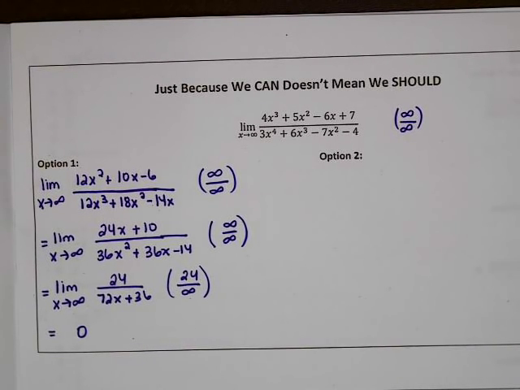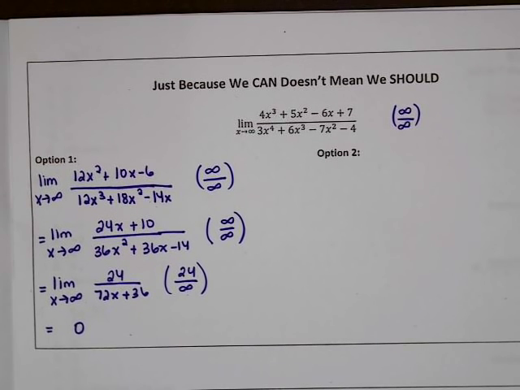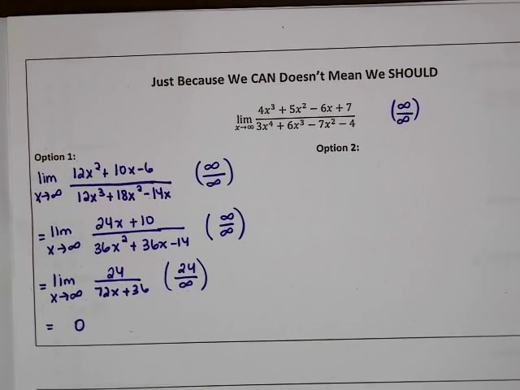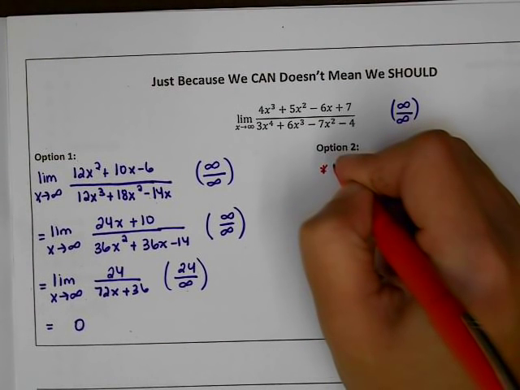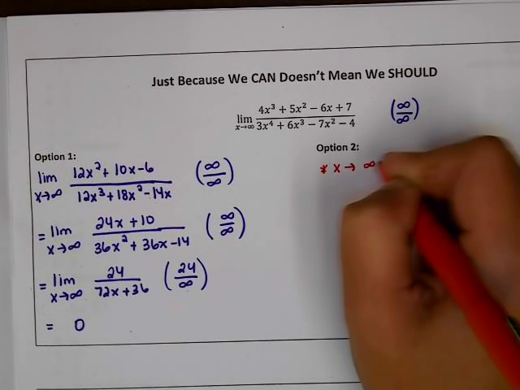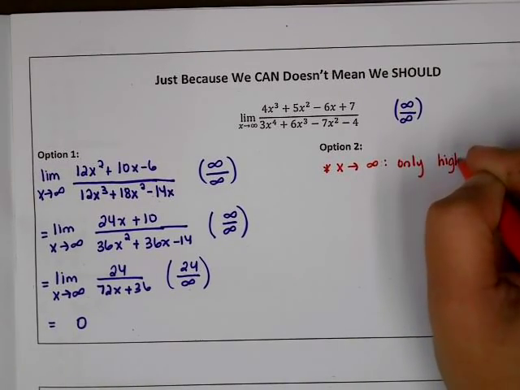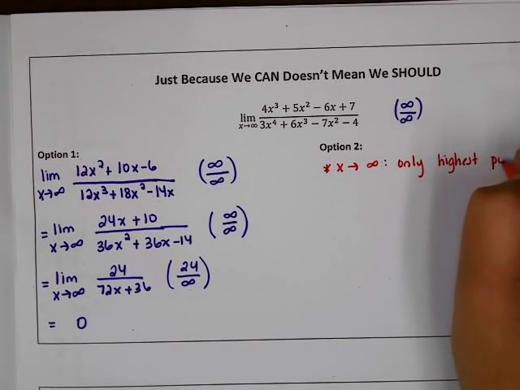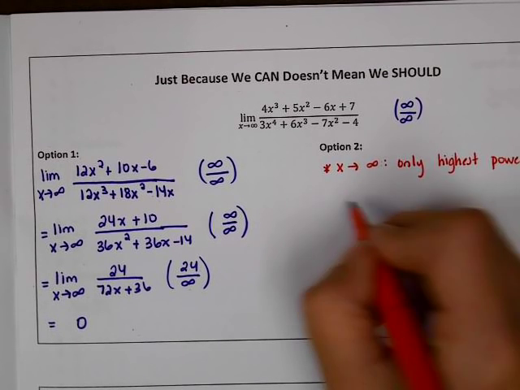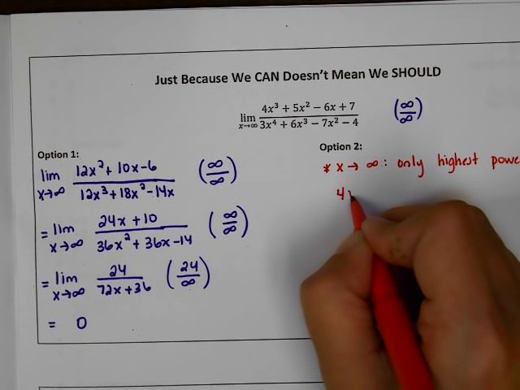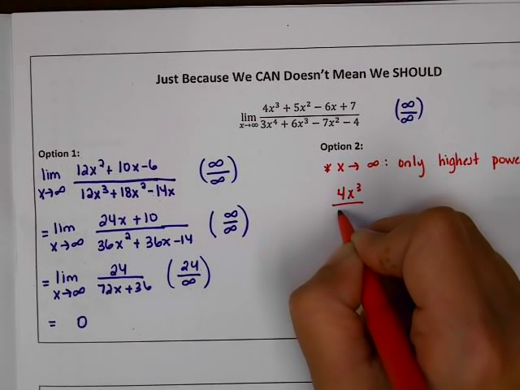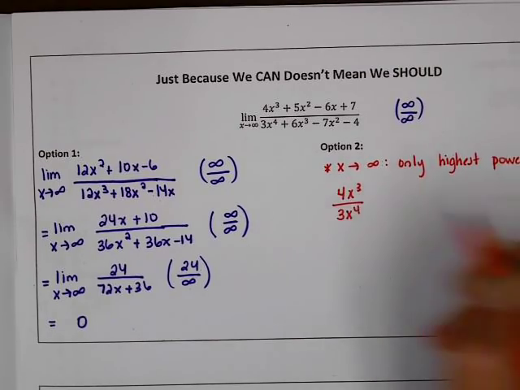But let's check out option 2. Option 2 is just remember some rules for limits. We said that when x is approaching infinity, you only look at the highest powers. So the highest power on the top would be 4x cubed, and the highest power on the bottom would be 3x to the fourth.